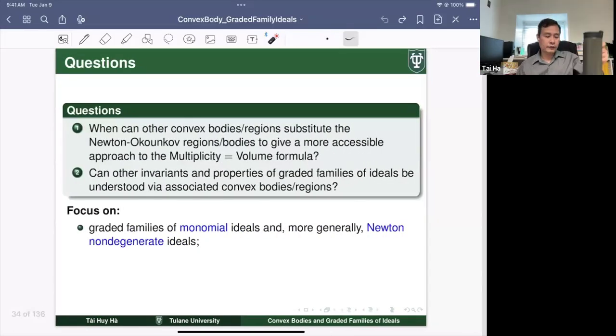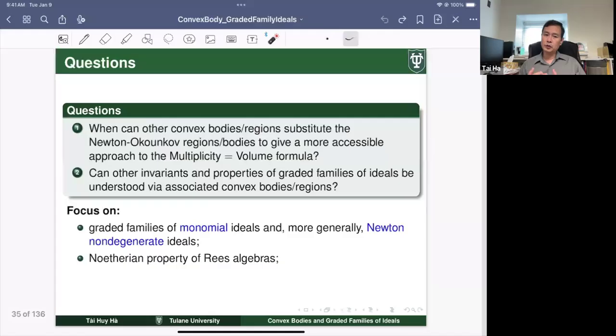So the focus in this talk for me will be on graded families of monomial ideals, or more generally on graded families of the so-called Newton non-degenerate ideals. The algebraic property that I'm interested in will be the Rees algebra's property, and the algebraic invariants that I'm interested in, besides the multiplicity, are going to be the analytic spread and the asymptotic regularity.